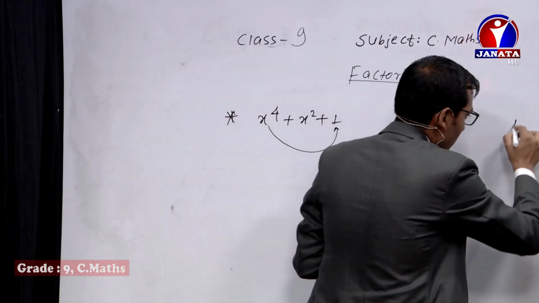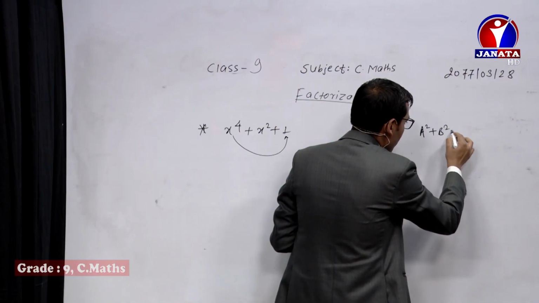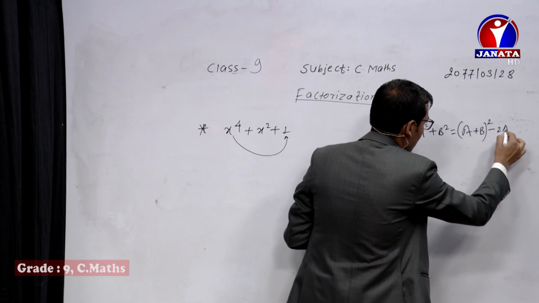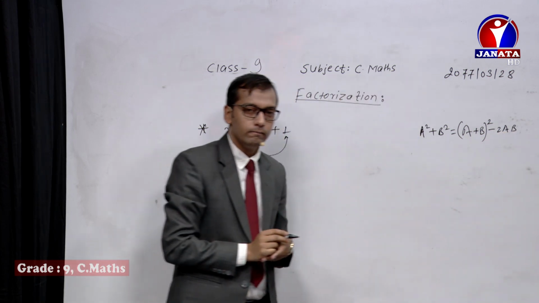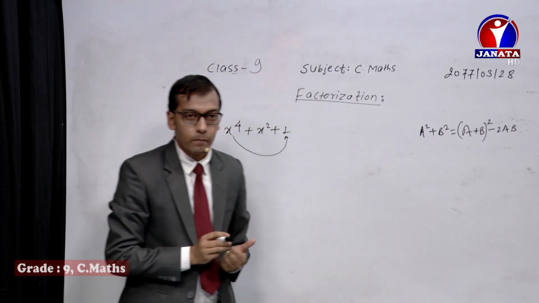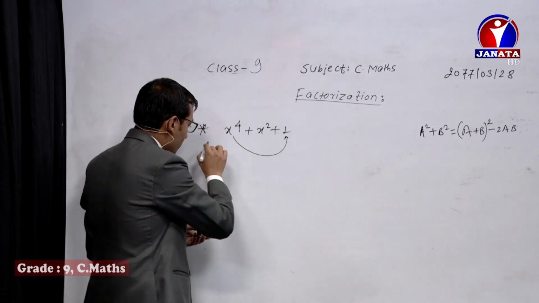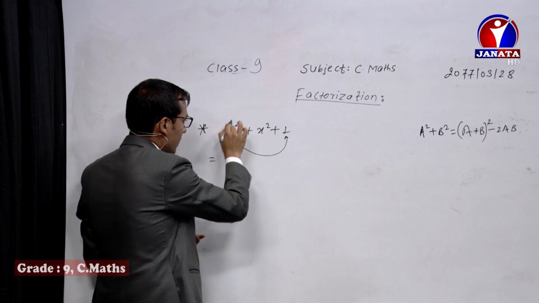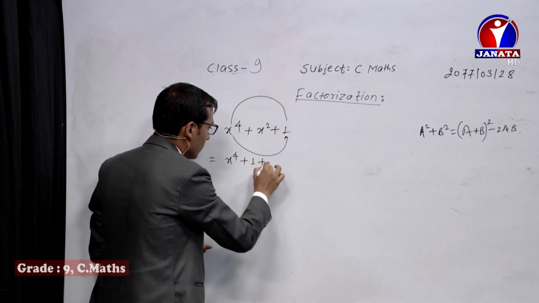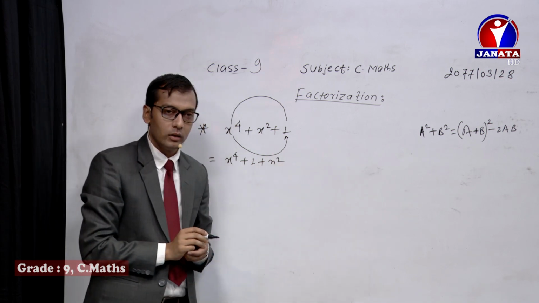So here a square plus b square is (a plus b) whole square minus twice ab. This is the expanded form of a square plus b square. So I am arranging the first term with the third: x to the power 4 plus 1 plus x square.